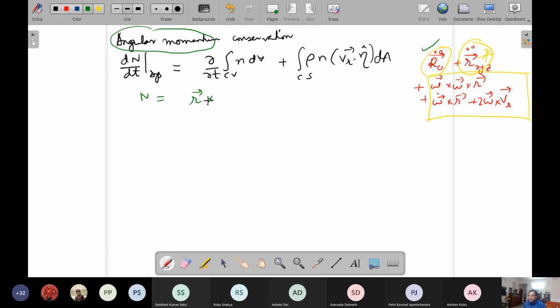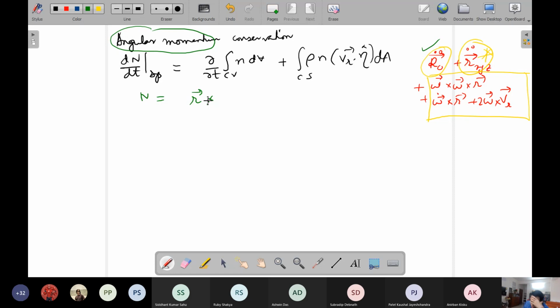That is all right in a scalar form, but in a vector form, angular momentum is best understood as moment of linear momentum. So moment is r cross the vector and linear momentum is mv. So r cross mv.